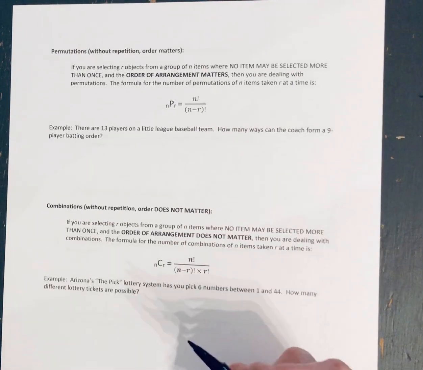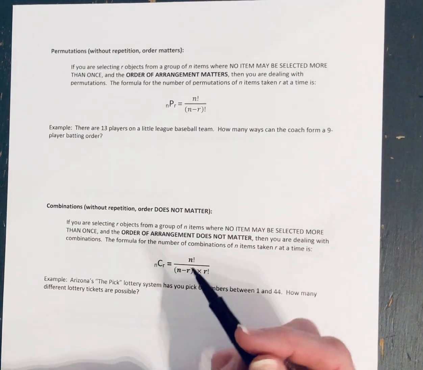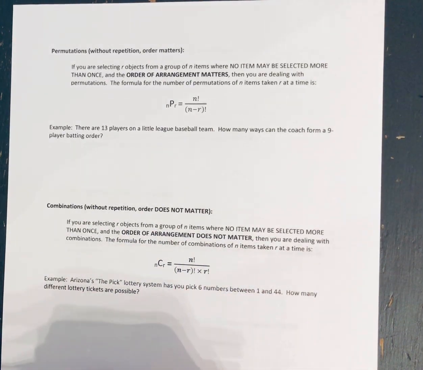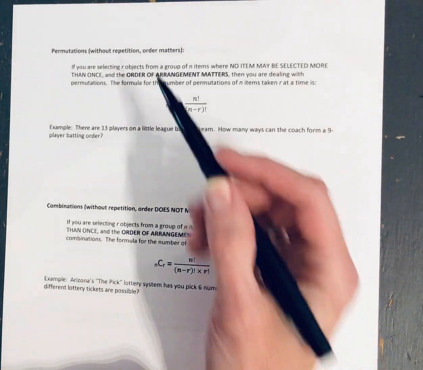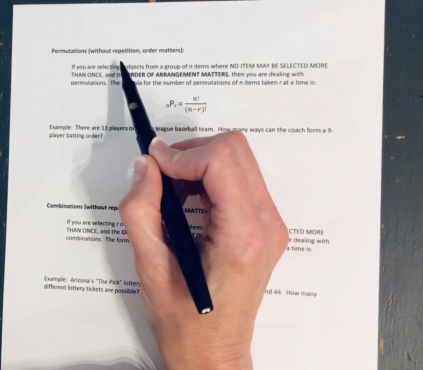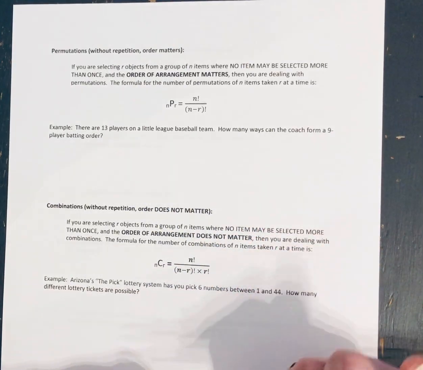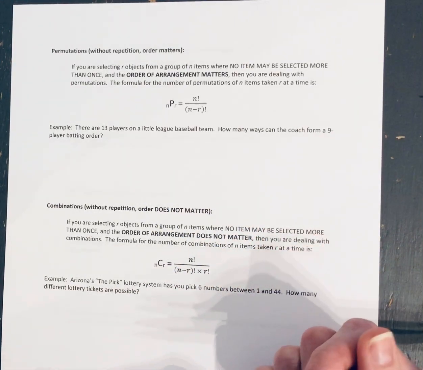Anytime that you're trying to count the number of objects from a group of objects, and repetition is not allowed, so without repetition, then you're usually going to be choosing between permutations and combinations.